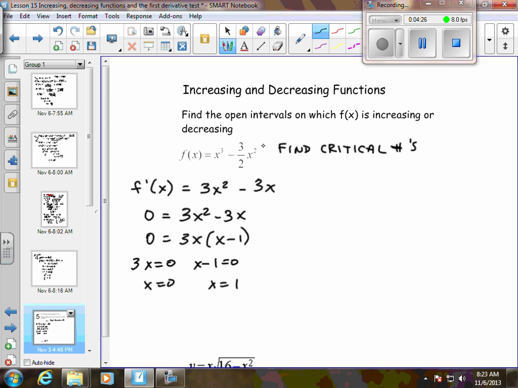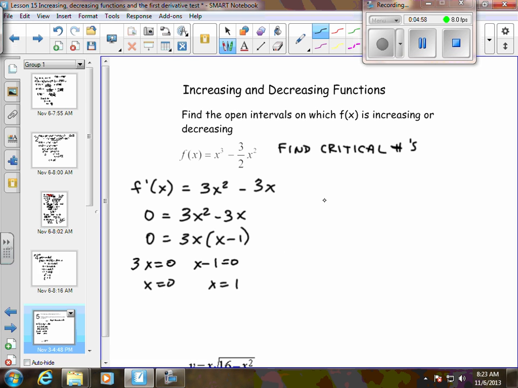So if we think about the behavior of this function on its domain, the function, first of all, has a domain of all real numbers. Nothing makes it undefined or imaginary. So from negative infinity to positive infinity, along the way, something critical happens when x is 0 and when x is 1.